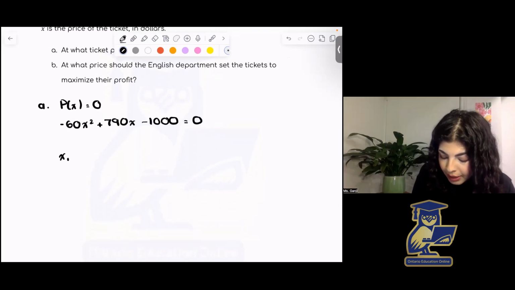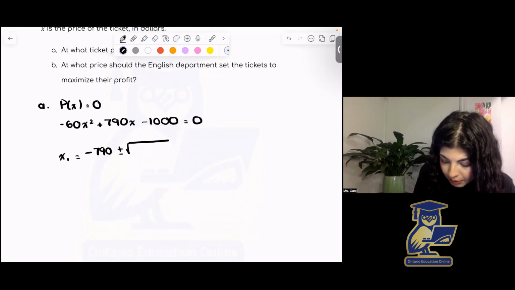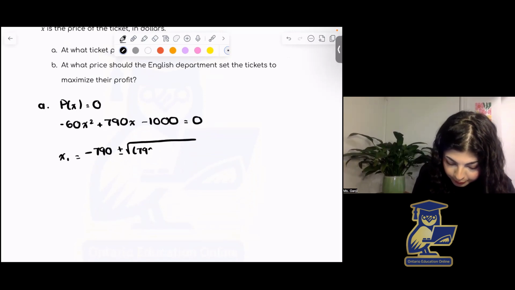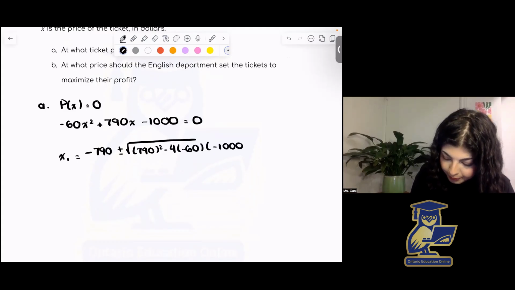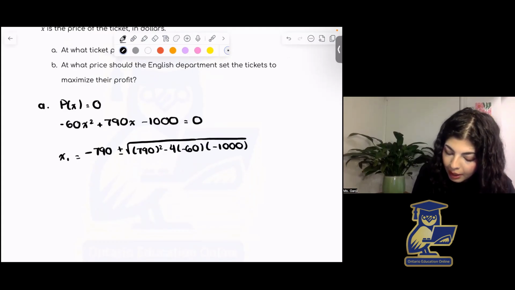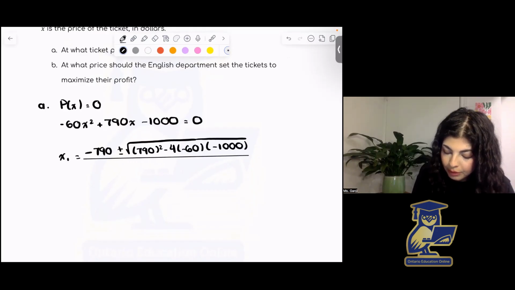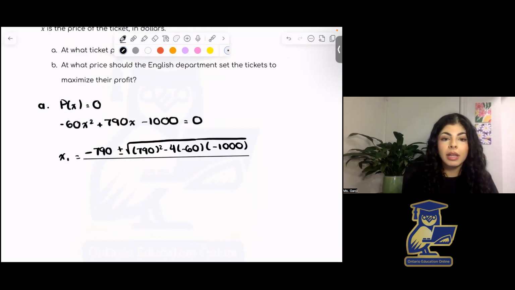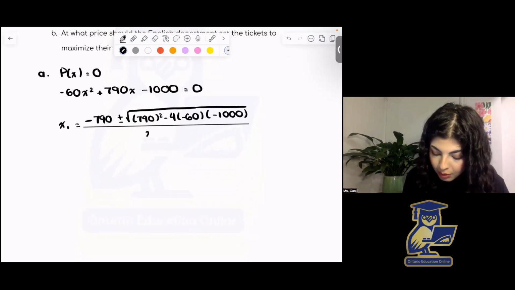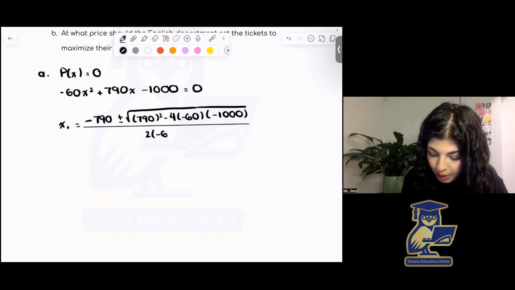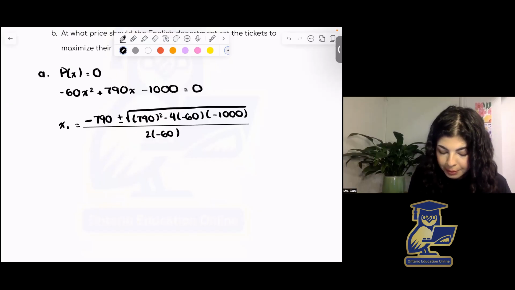So x is equal to negative b plus or minus the square root of b squared minus 4ac. Also make sure your square root is covering everything. If you leave a bit of the last term out, it's unsure if that number is also within the square root or not. And divide by 2a, so negative 60 here.